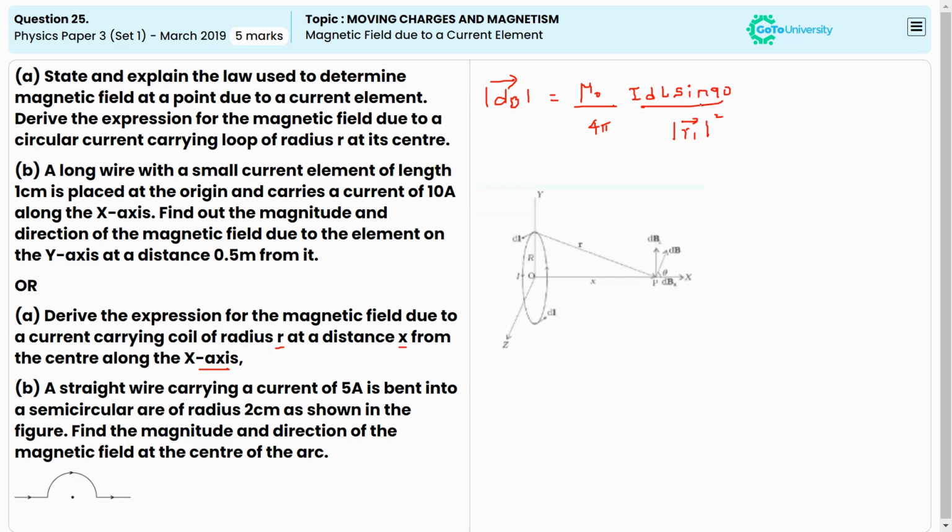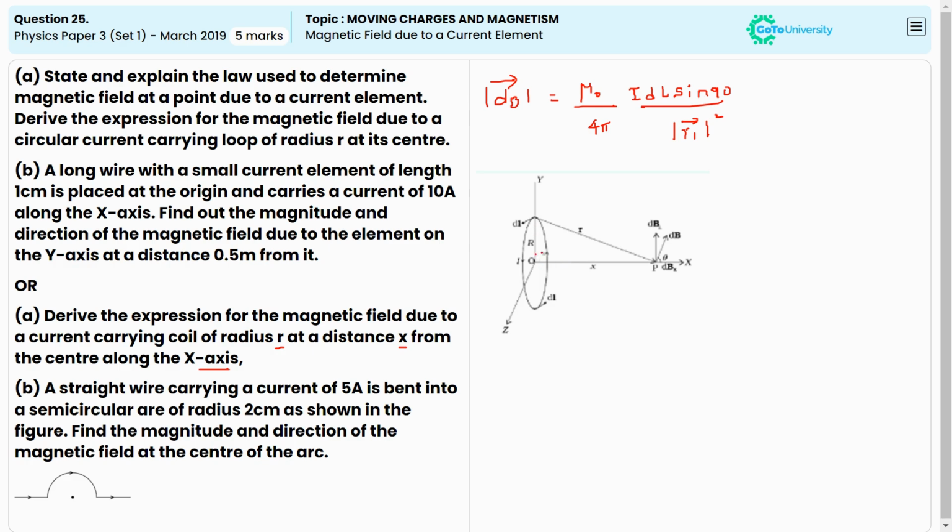Okay, this is the equation we are going to use here. Then, if the current carrying coil of radius r is at a distance x from the center along the x-axis, then here r is equal to the square root of x square plus r square. That means according to Pythagoras theorem, r square is equal to the base and adjacent square, that is equal to r square plus x square.